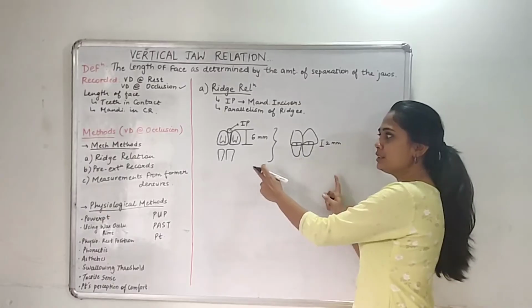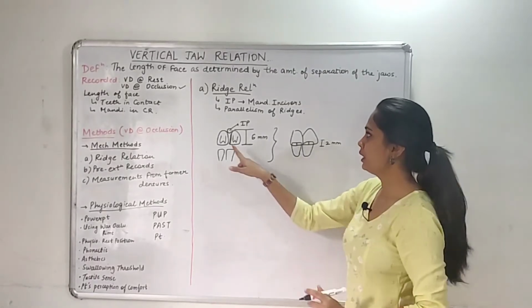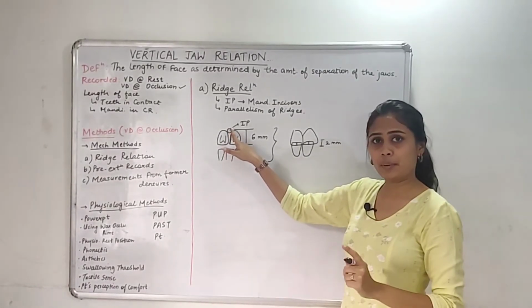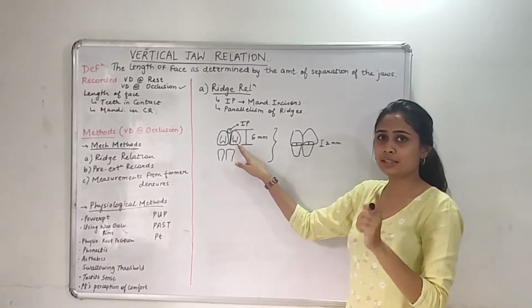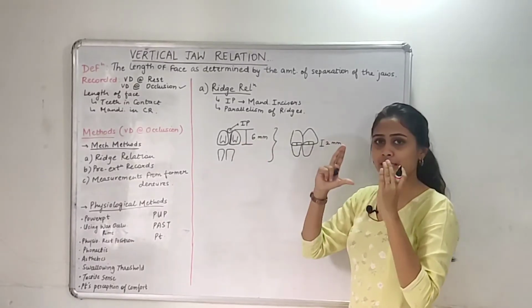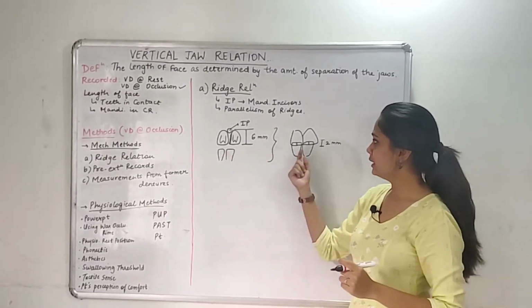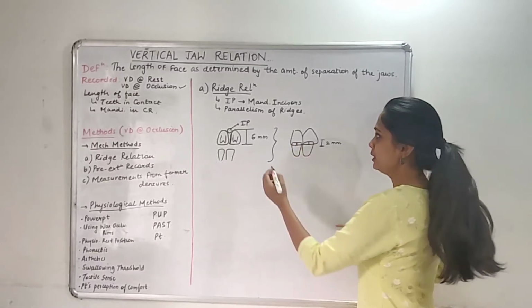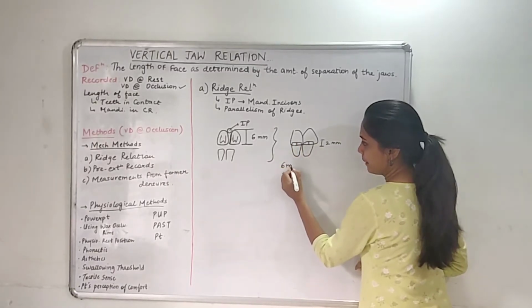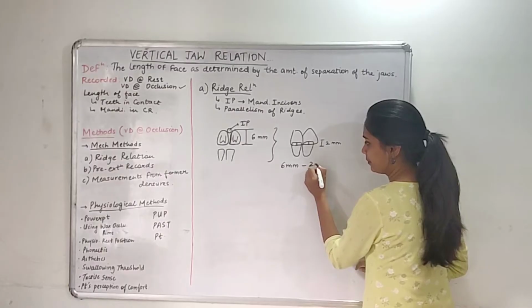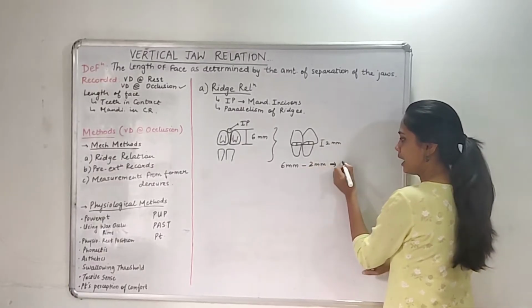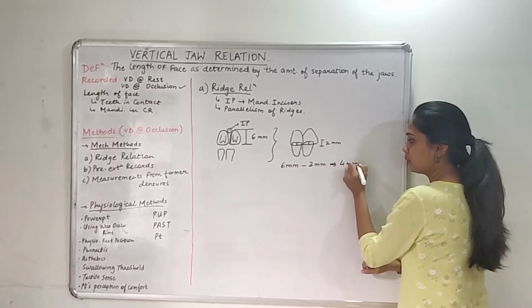So with these two diagrams, can we make out that the distance from the incisive papilla to the maxillary incisors is 6 mm, and when the teeth are in occlusion, there is an overlap of 2 mm. So 6 mm minus 2 mm, we can have it as 4 mm. So what is this 4 mm?